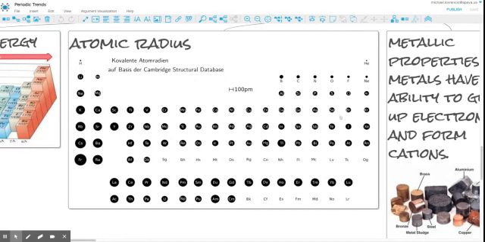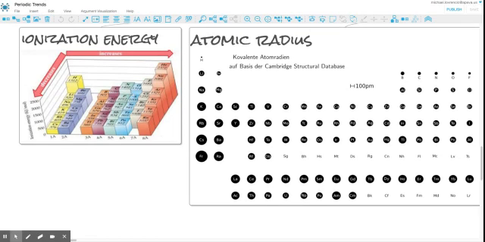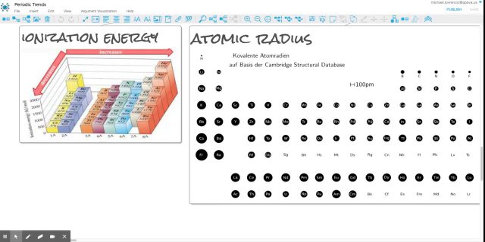That also means it's going to be harder to remove those electrons. We see that in the ionization energy, because as we go across the period, there is an increase in ionization energy. It becomes more difficult to remove those electrons because the nucleus becomes larger, and the effective nuclear charge, the net positive charge that all the electrons are feeling from the nucleus, is increasing, so they're bound more tightly to the atom, and it takes more energy to remove.